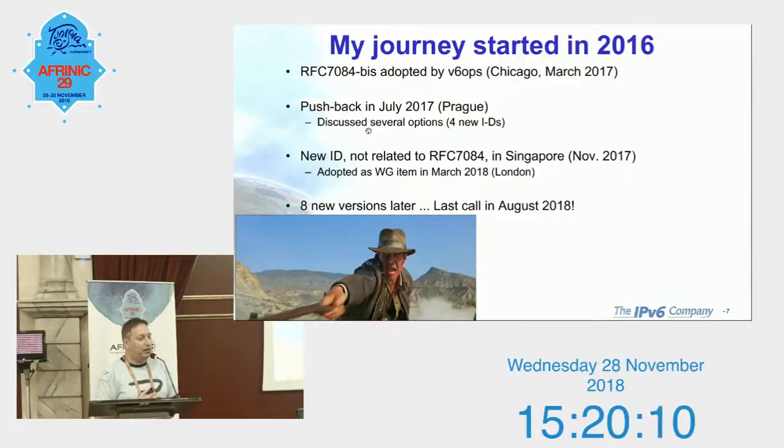So at the end, I started working on many different possible solutions to that hassle, and I succeeded last August, instead of updating this document, in making a new document which is complementary to 7084, which at the end is the same, but the people like it this way, and which went to last call.